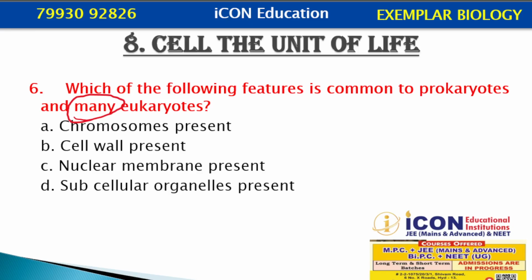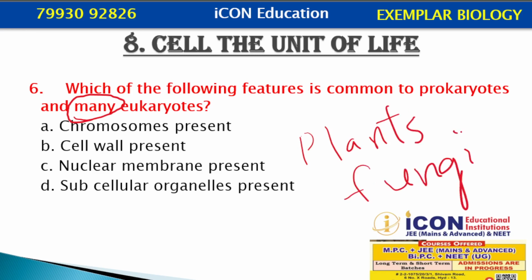So, when you take the example of plants, fungi, okay, they have a cell wall, and some protista also. Some protistans also have a cell wall. So cell wall is the common feature which is seen in prokaryotes and many eukaryotes.